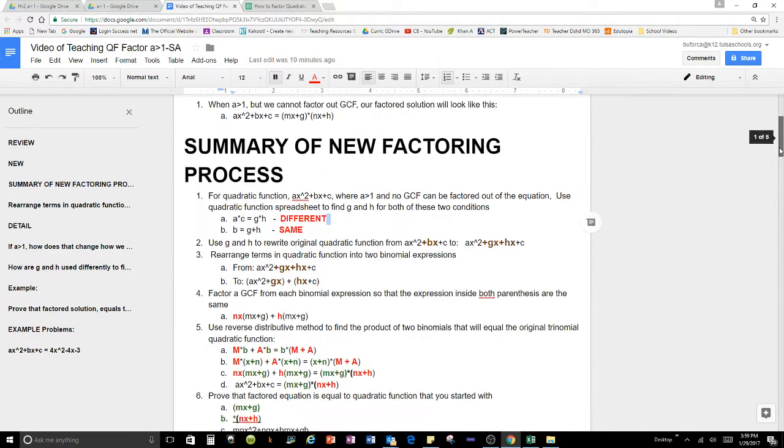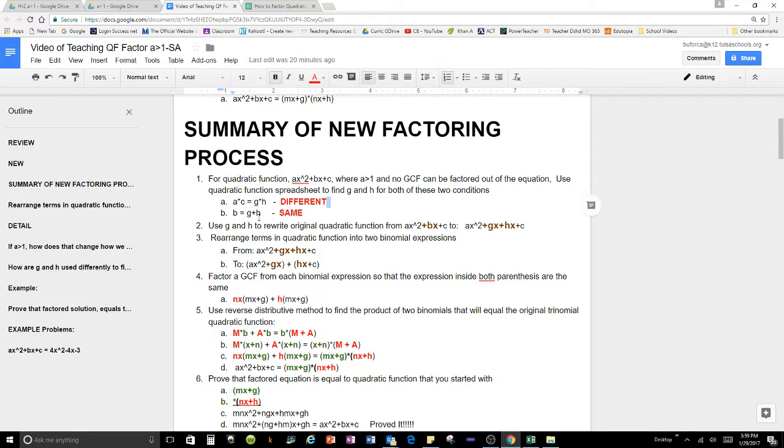But with this method, once we find G and H, we're going to use G and H to rewrite our quadratic function so that we break the bx, or the middle term, up into two different numbers. Okay?